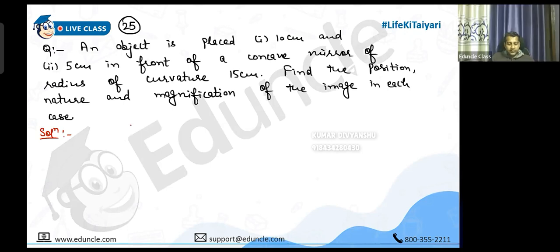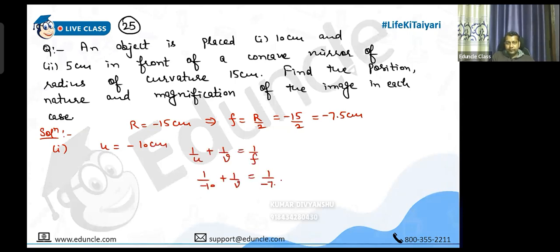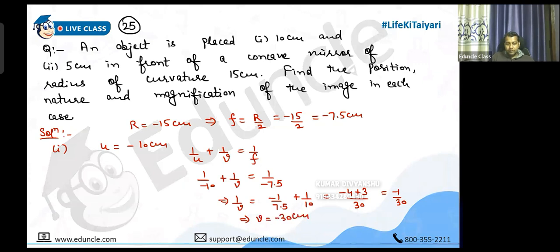So it is a concave mirror. Now first case, u is minus 10. From mirror formula, the image is formed at a distance of 30 centimeters.